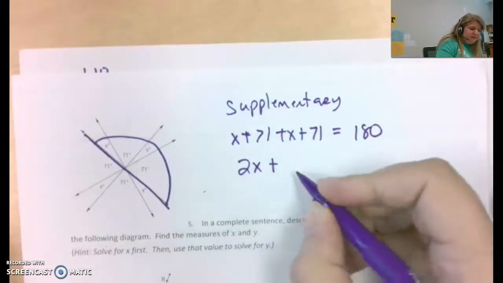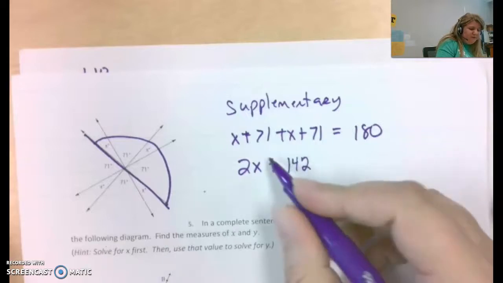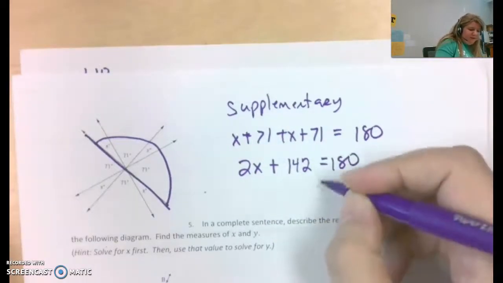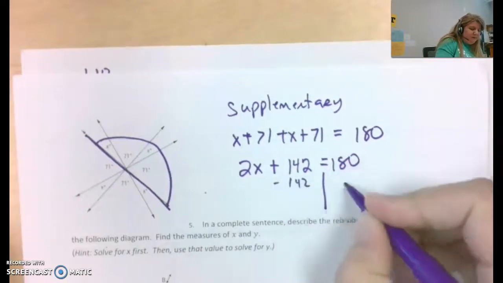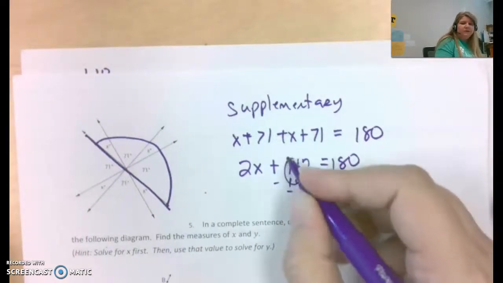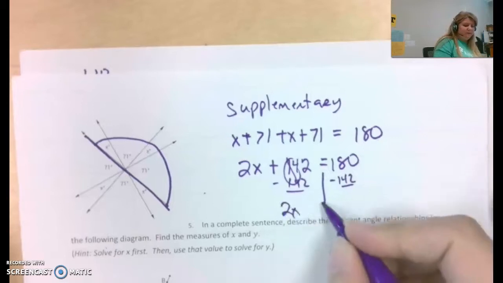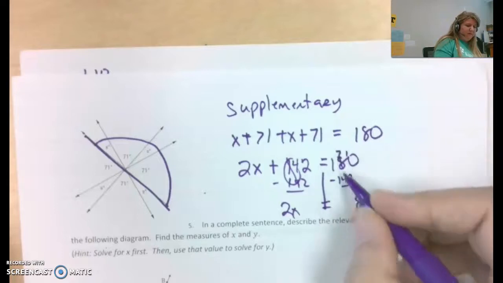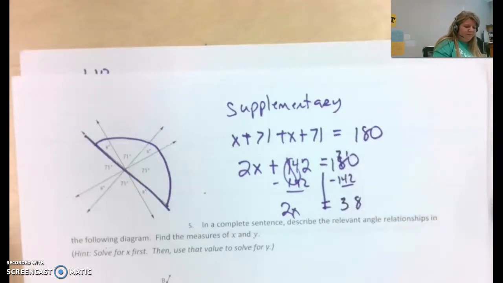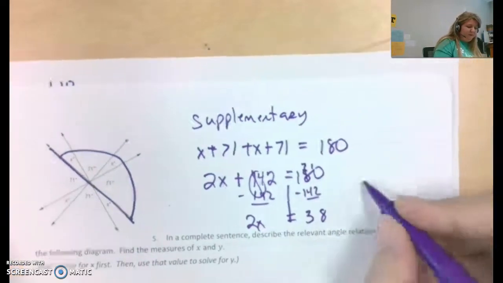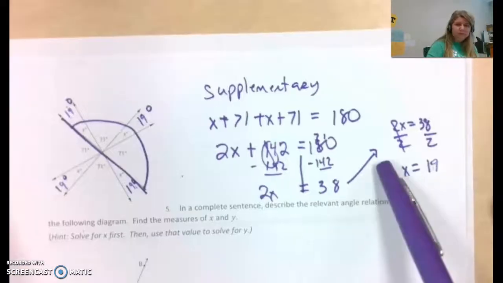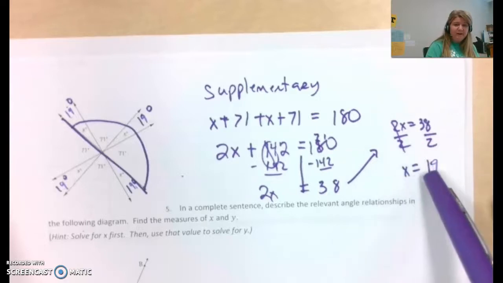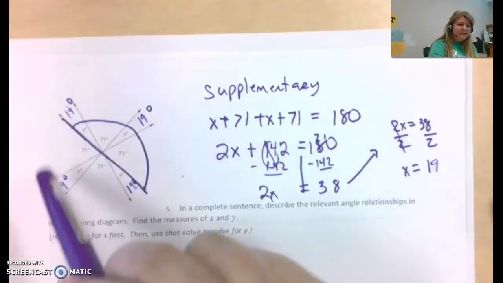So 2x plus 142, 71 and 71 is 142, is 180. Subtract 142 from each side. 2x is equal to 38. Divide each side by 2. X is 19. Each one of these is 19 degrees.